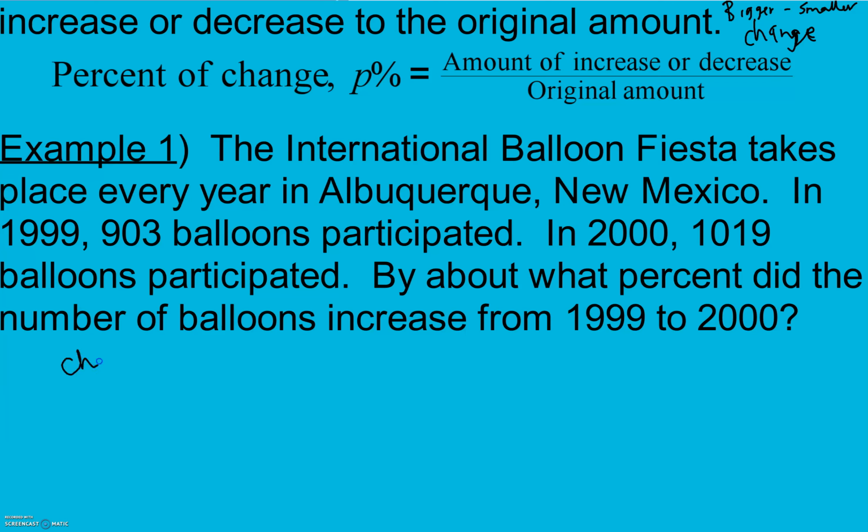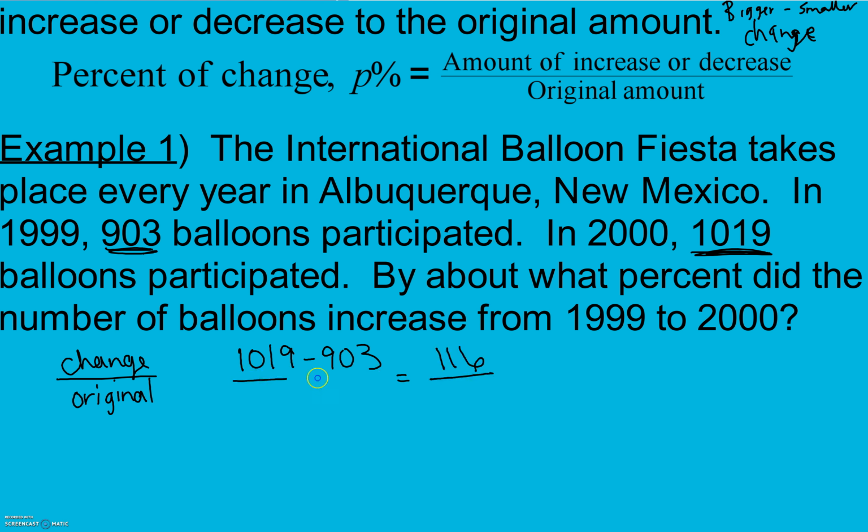So again, we're going to take our change divided by original. To find our change, we're always going to take our bigger number minus our smaller number. So here are two values, 1,019 minus 903. There I get 116.